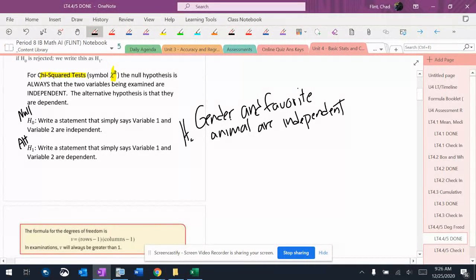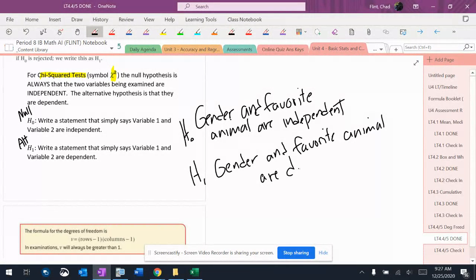And usually you do use the little H with a zero. You can write null next to it. H1 is that gender and favorite animal are dependent.